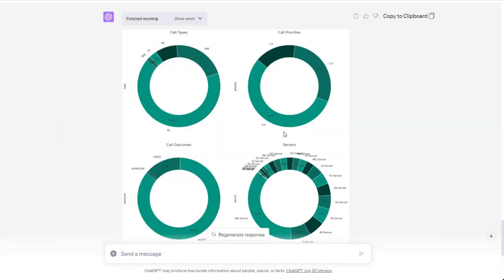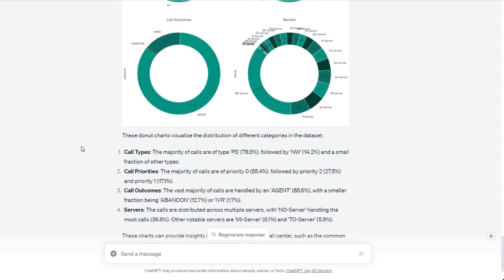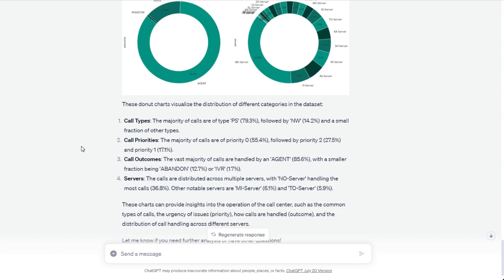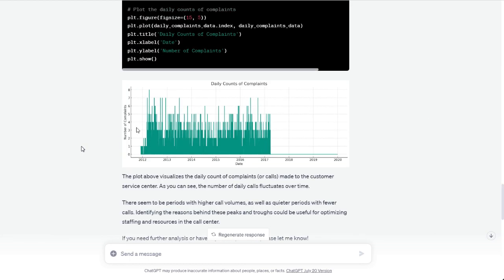So we've got one on servers, call priorities, call types, and call outcomes. We don't have any date range around these, but I'm sure we could create some date ranges if we really wanted to.